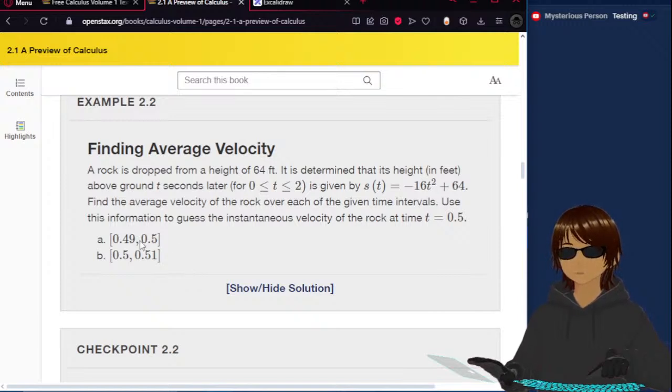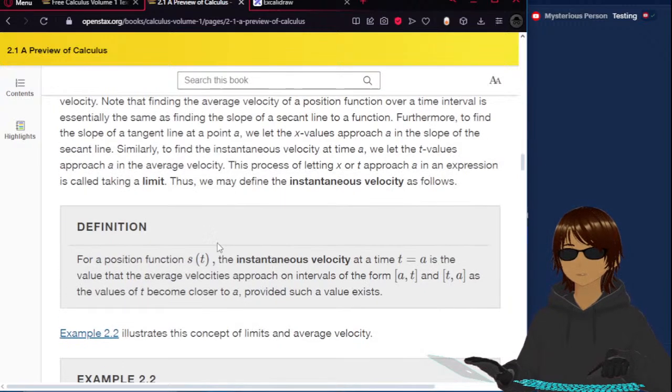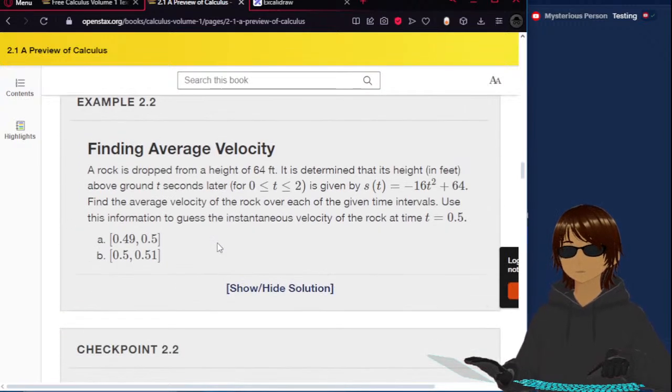So this is the distance. This is the time, I think. Or am I getting this wrong? Which one is S? Hold on. I'm just using a calculator right now.